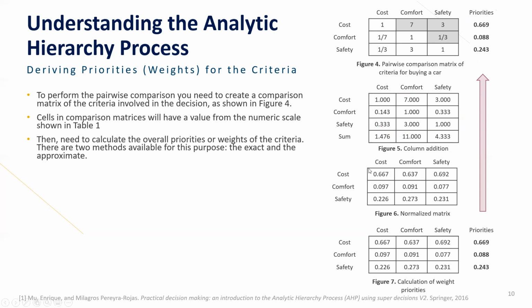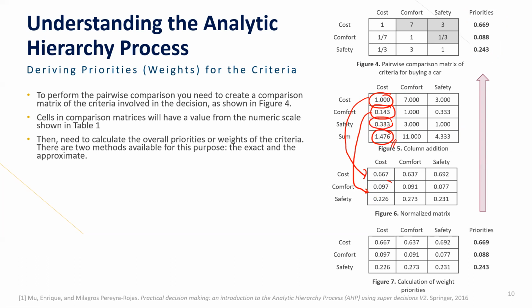this is 0.667. This is equal to 1 divided by 1.476. And then this one is 0.143 divided by 1.476. So you got this.